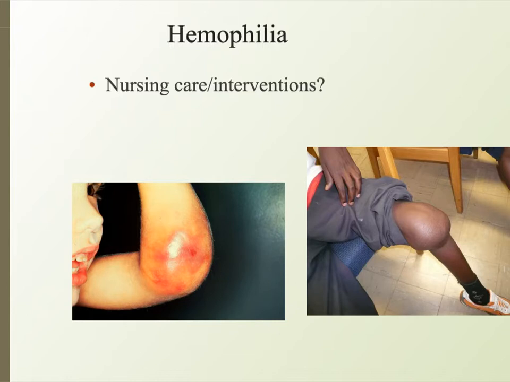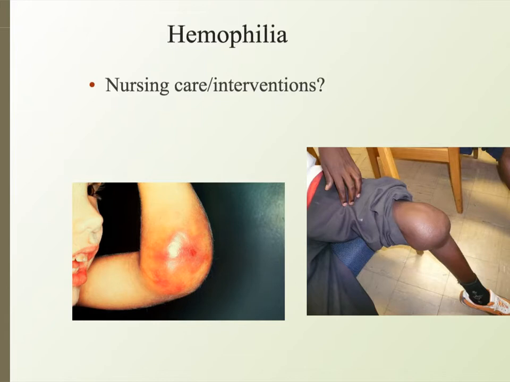We also need to teach our families that their school nurse needs to be very aware of this issue with the patient so that she can recognize and control the bleeding, but also inform the teachers or the recess supervisors or whomever is going to be with these patients frequently. The sooner we can recognize and control the bleeding, the more effective treatment will be.